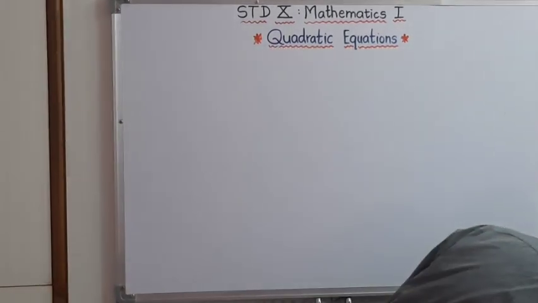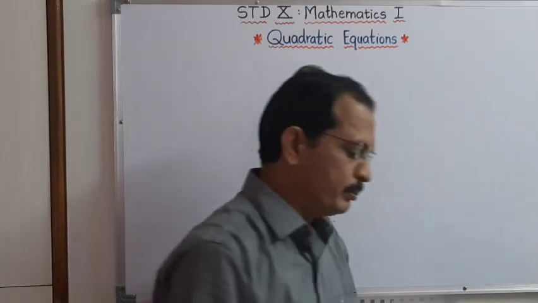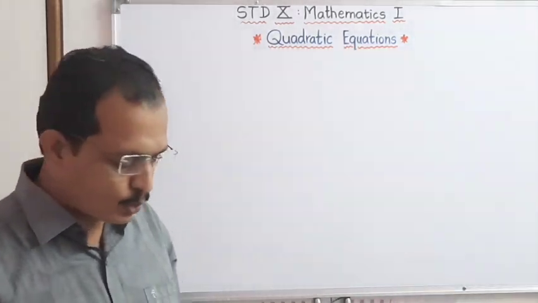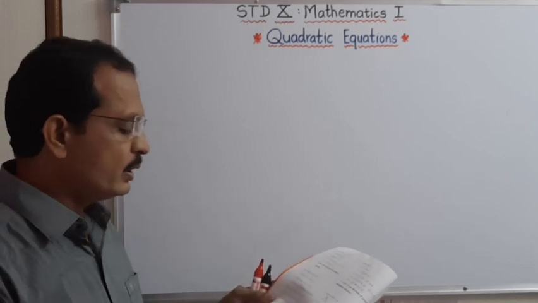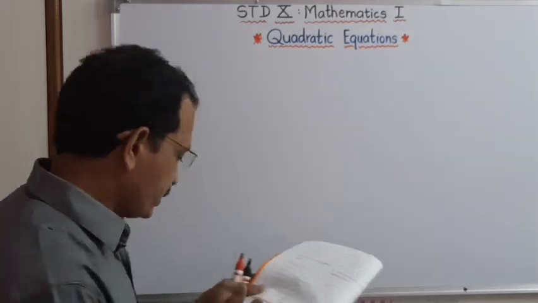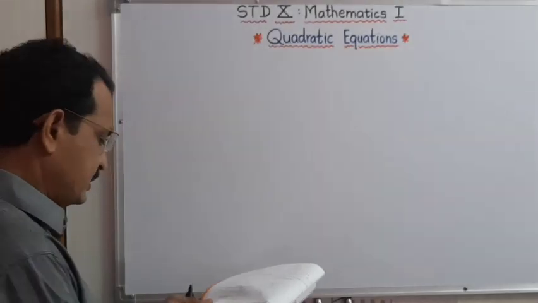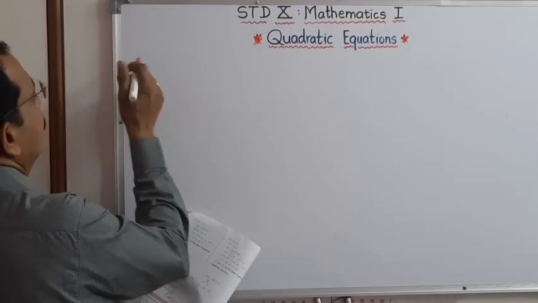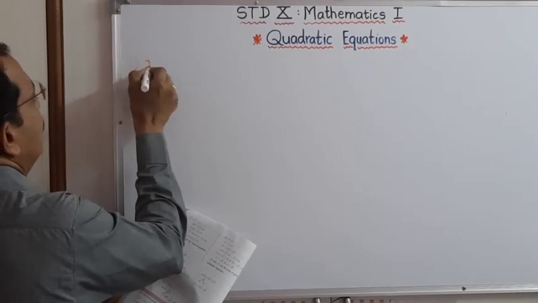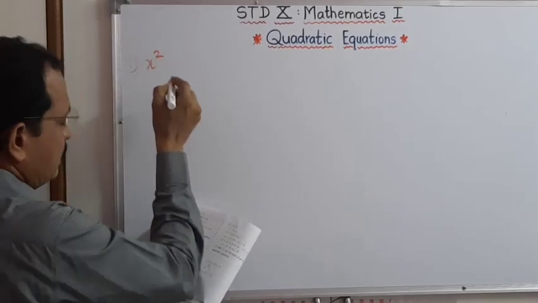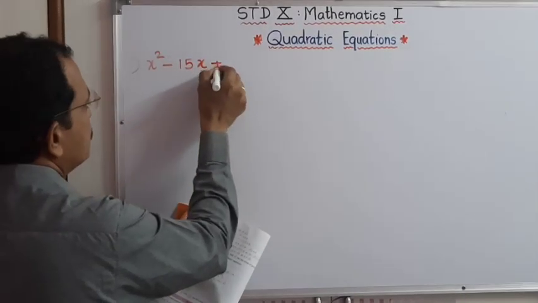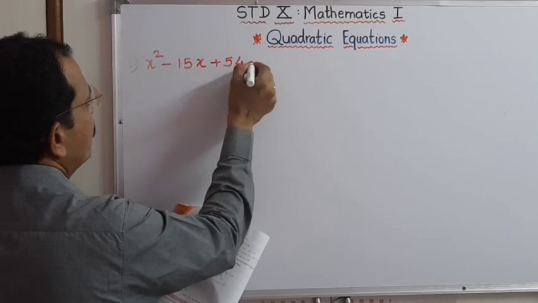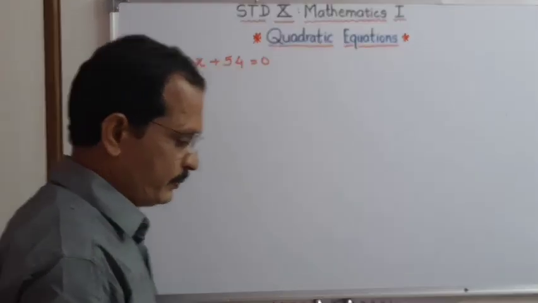Now, let's start with the first sum from practice set 2.2. Question number 1 is given. Solve the following quadratic equations by factorization method. The first sum is x square minus 15x plus 54 equal to 0.